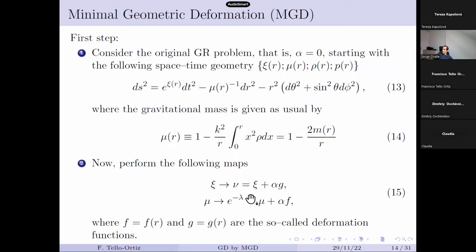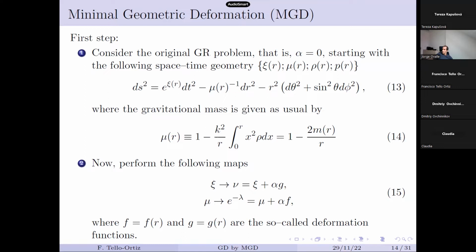But then, suppose you perform the following maps. Maps 15. I mean, you take the temporal component and the radial component of the line element, and then you translate them performing this map. You are coupling now 2 unknown functions, g and f, okay? These functions are functions depending only on the radial coordinate, okay?